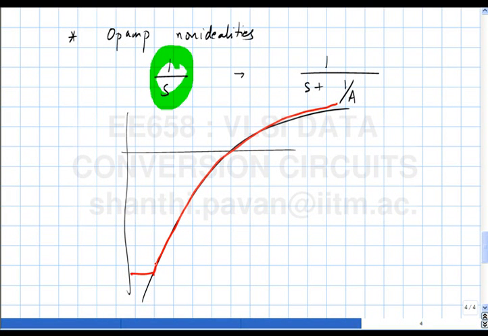So the in-band quantization noise will increase with respect to the case where the DC gain was infinite. You understand? Alright. I think we'll continue tomorrow.